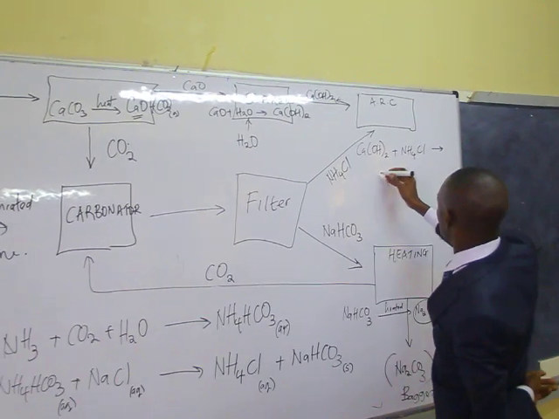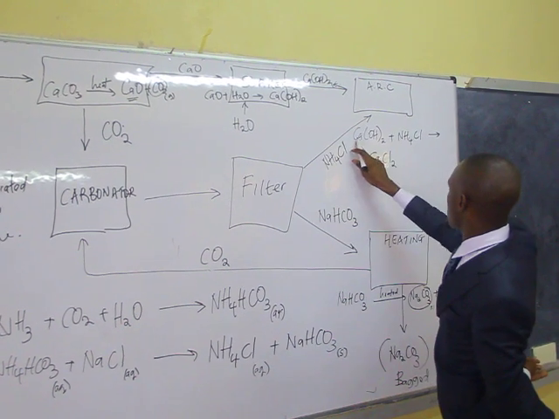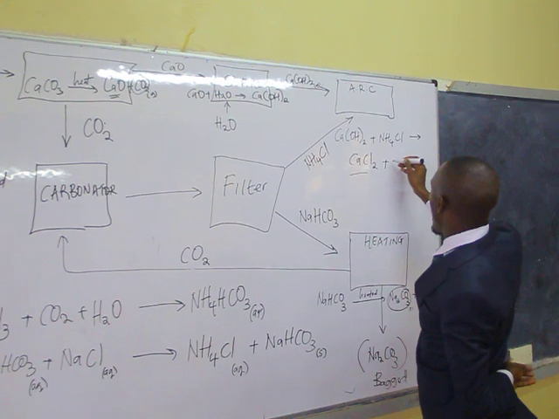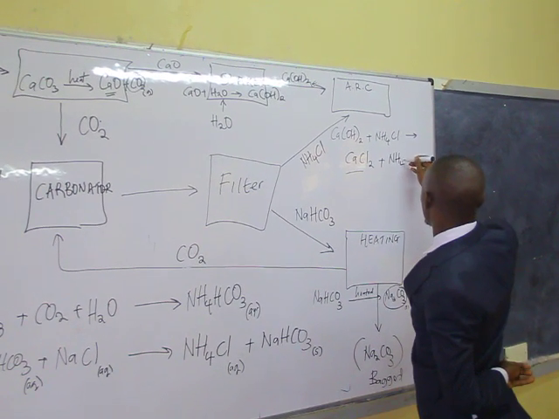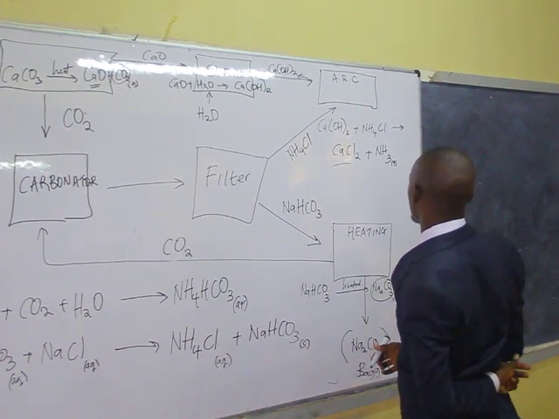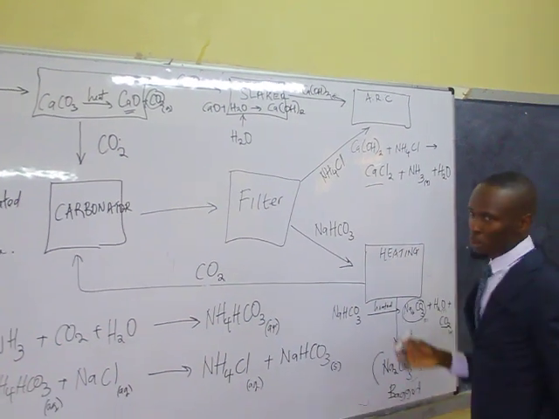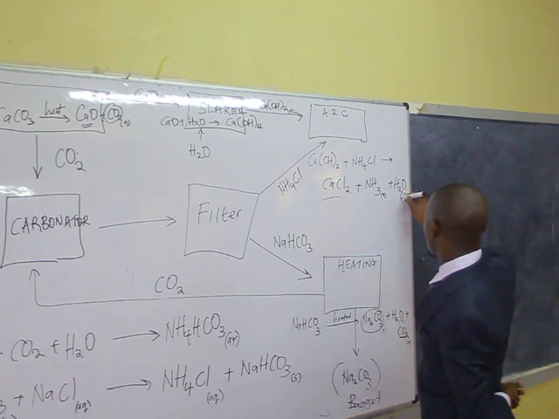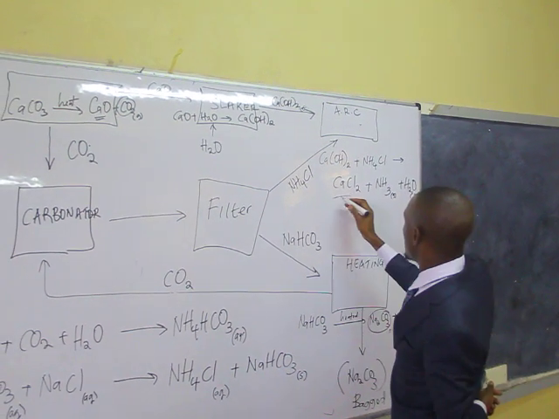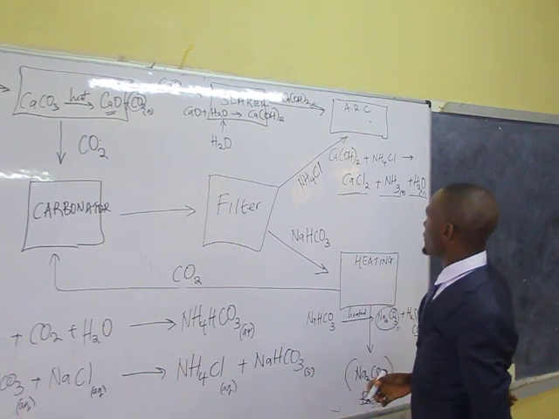In this equation, another product, calcium chloride, is formed. Ammonia NH3, which is a gas, is also formed in this reaction, and some molecules of water are also formed. Of course, water is in liquid state. So in this chamber, 3 products are formed: calcium chloride, ammonia gas, and water.